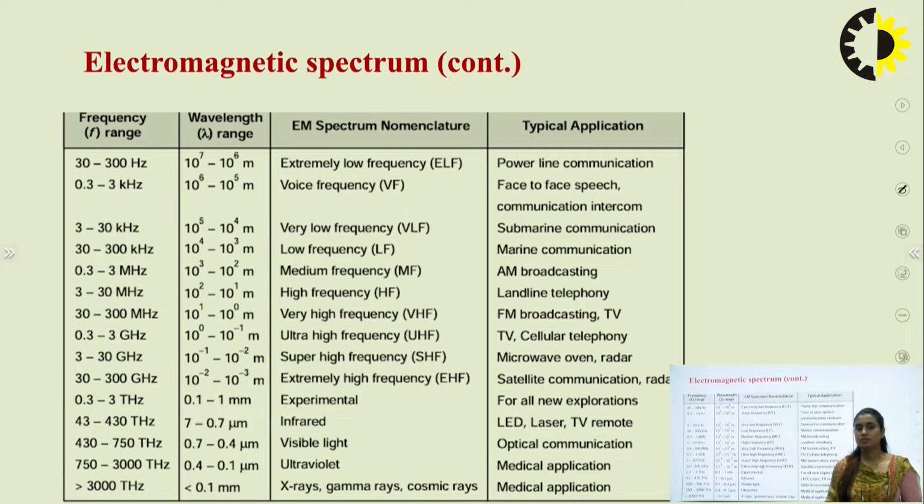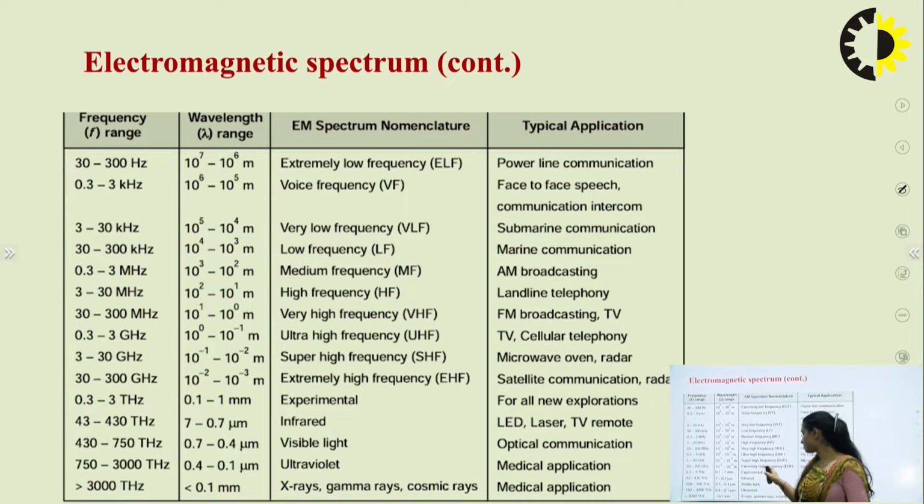If we actually want to see the frequency range for various waves, like extremely low frequency, then low frequency, then medium, and then high frequency, how these are classified on the basis of frequency content of them. So we can see that 30 to 300 hertz is extremely low frequency, and the typical application is power line communication. If you talk about very low frequency, the frequency varies from 3 to 30 kilohertz and is used for submarine communication.